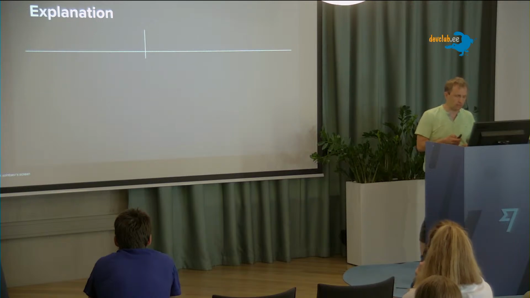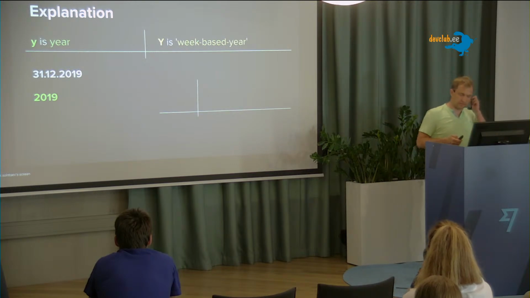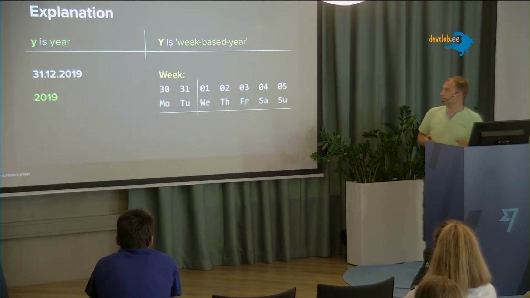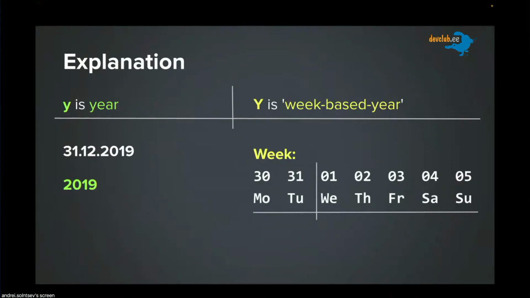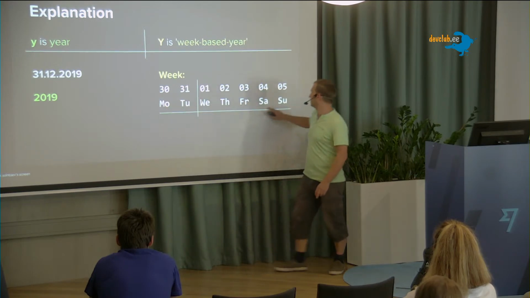Sorry, I did refactor the slide for this one. Here is how these days looked inside of a week. This day was actually a Tuesday. The card expiration day was actually on Tuesday, and if we look at which week it's located in, this week.